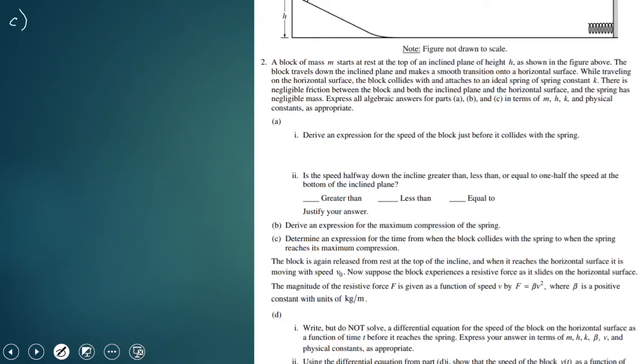And for part C, it says determine an expression for the time from when the block collides with the spring to when the spring reaches its maximum compression. So now we want to solve for the time. While there are, once again, a few ways of doing this, the easiest way, in my opinion, is to consider it from a simple harmonic motion or SHM perspective.